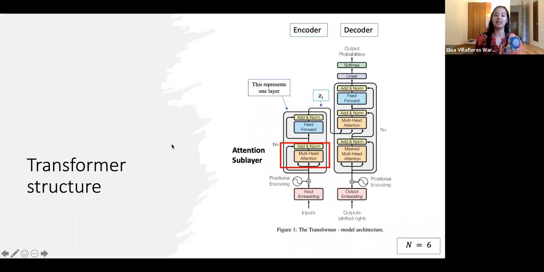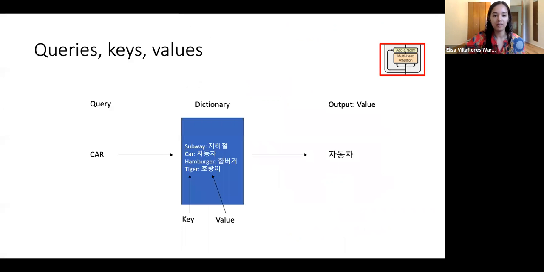Okay, so let's go on to the attention sublayer. And this is the meat of the transformer. So it's okay if we go through this slowly. Basically, this attention sublayer was presented to me in very abstract terms.